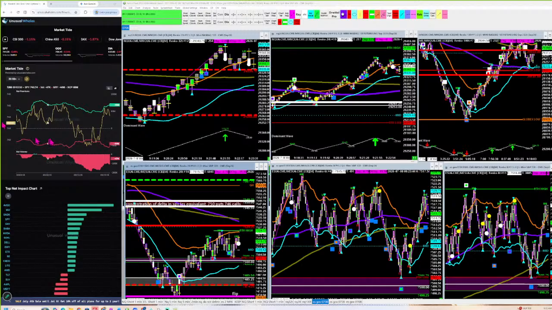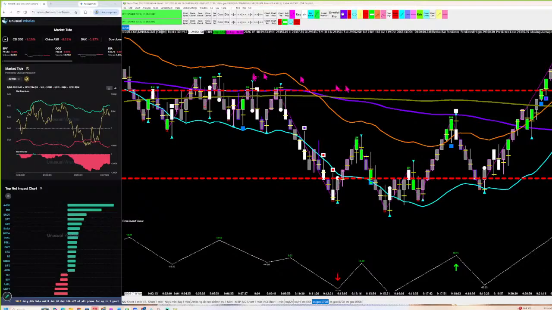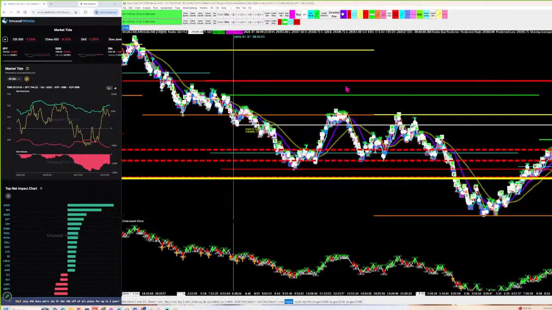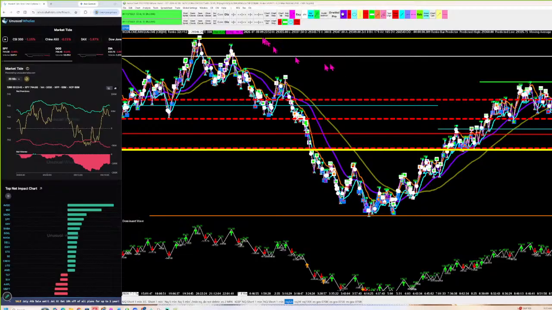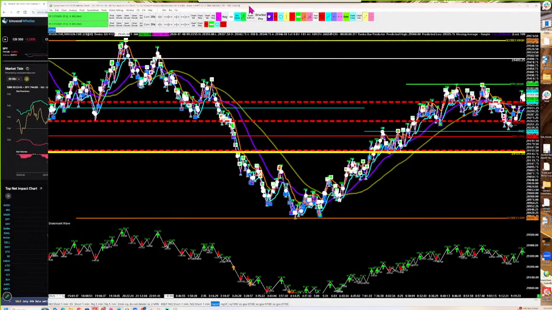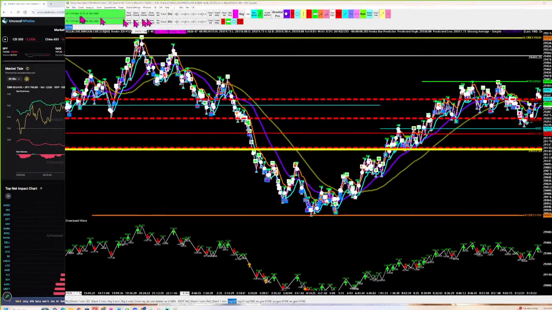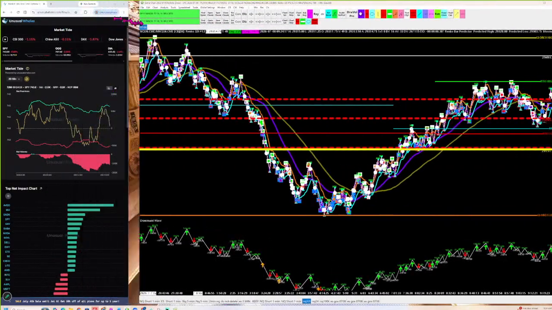If you look at the overnight range on NQ, 29,558 to 28,909, 600 points. Then from the low, 28,909, all the way back up to 29,399. NQ becomes very illiquid when we have those massive overnight ranges.